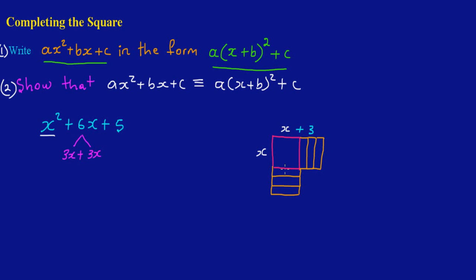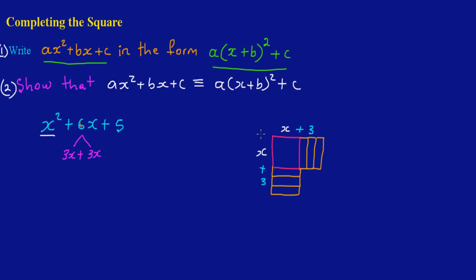Now guys, what this basically is saying is I have divided my b into 2, taken half of b, and added 3 to this side, and now I must also add 3 to this side. So this again is x plus 3.